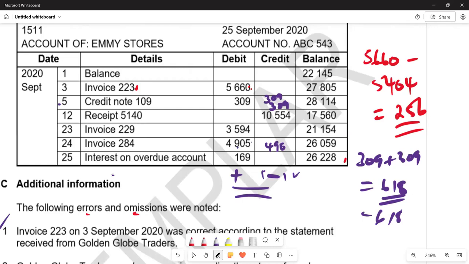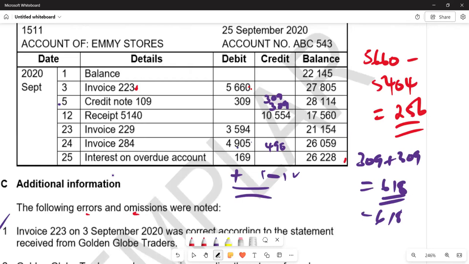There is 169 rands that has been charged as interest. Obviously, this is interest on overdue account, and the interest is going to increase the value that we are owing Golden Globe Traders. So it is being said that the statement is correct, but in the ledger, it's not yet effected. So we are supposed to go to the ledger and effect it.